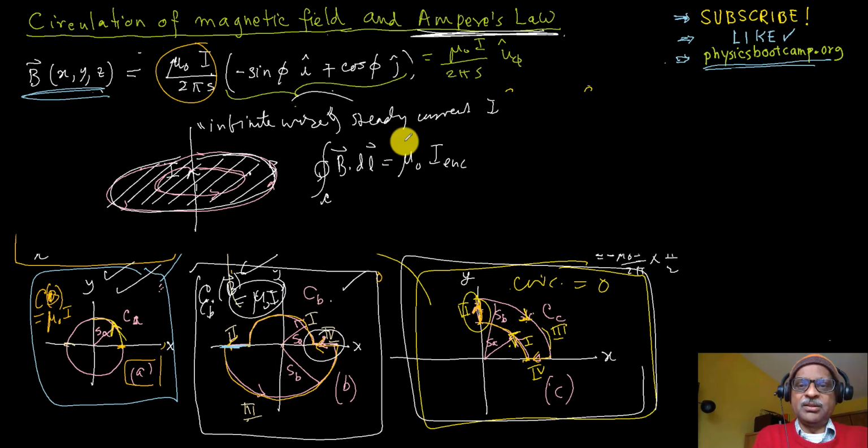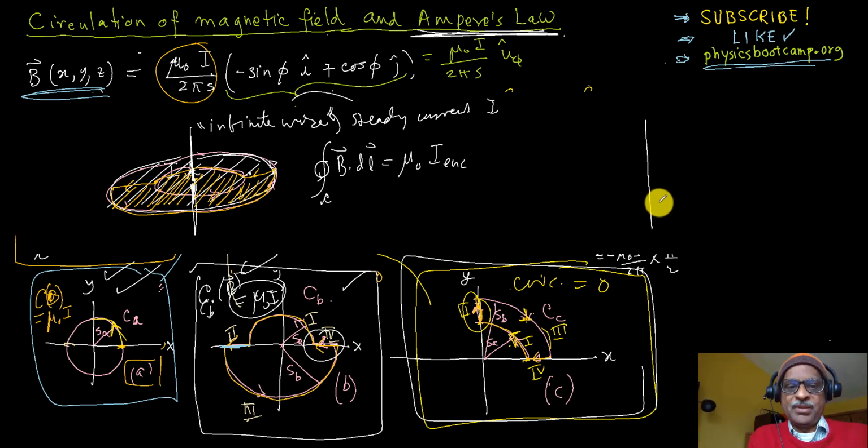So this one encloses this current. This one looks like a more weird loop, but I go from here to here, then go over here, and then I go all the way here and here. So this area encloses the current. The current is still going through the area enclosed by this more complicated loop. But for this loop, let's draw it out. Current is here.